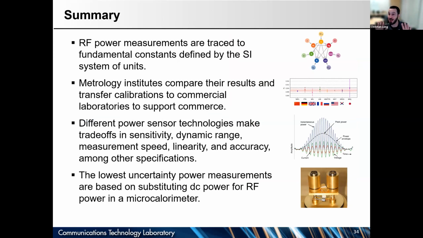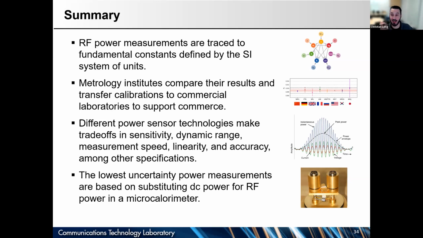There are many, many types of power sensors that are commercially available and at the lab scale for very low power and very high power and different kinds of measurements. In general, they make trade-offs in sensitivity and linearity and dynamic range and measurement speed, among other specifications.